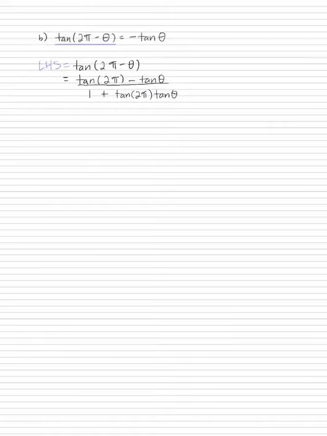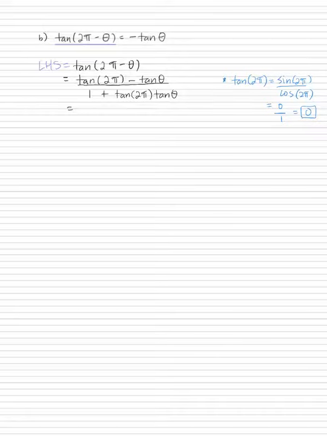Note that tangent of 2 pi is the same thing as sine of 2 pi over cosine of 2 pi. But sine of 2 pi is 0 and cosine of 2 pi is 1. So tangent of 2 pi should give us 0.